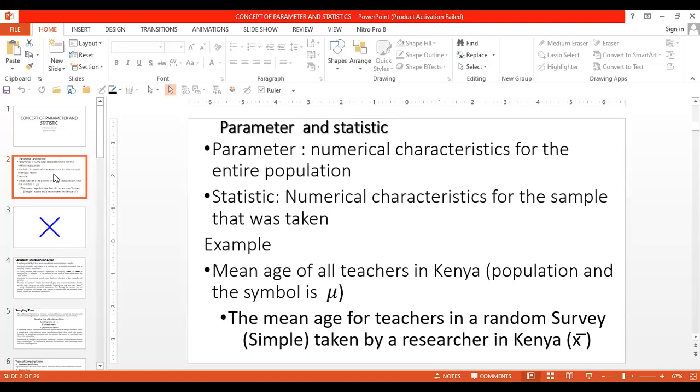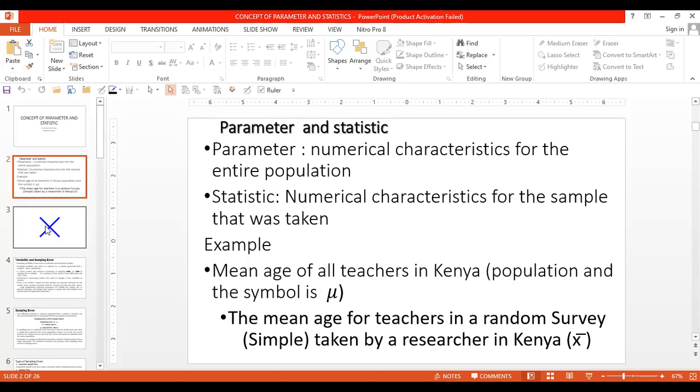An example here, if I want to know the mean age of all the teachers in Kenya, that is the population, and the symbol for population is mu. Then if I want to get the mean of a random survey, that is a simple survey taken from just a set of teachers, then we will be talking of a statistic, and this one is represented by X with a bar on top of it.